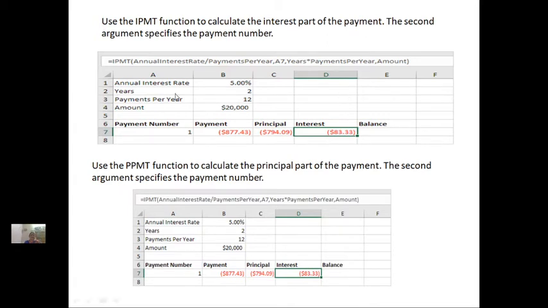The IPMT function calculates the interest part of the payment.